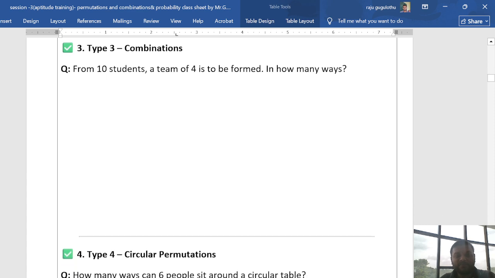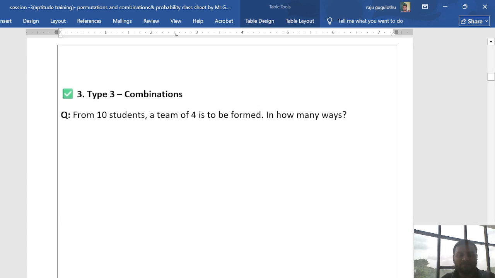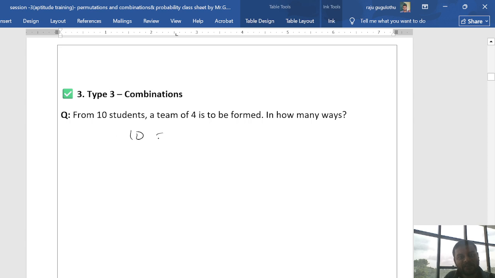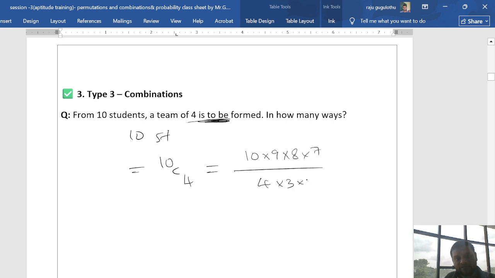From 10 students, a team of 4 is to be formed. In how many ways? It's easy. Just as we have done, they are saying there are 10 students and we want a 4 people team. So it can be done in 10C4 ways. 10C4 can be written as 10 into 9 into 8 into 7 by 4 into 3 into 2 into 1.